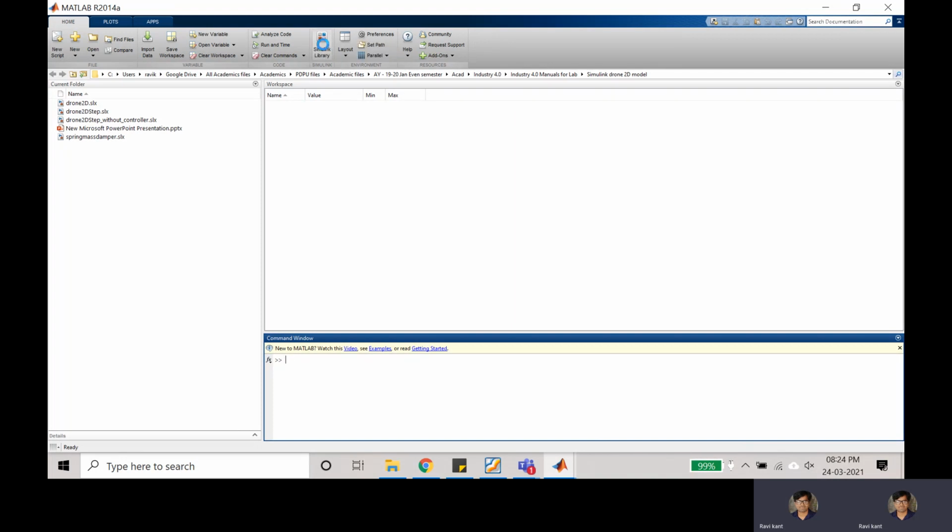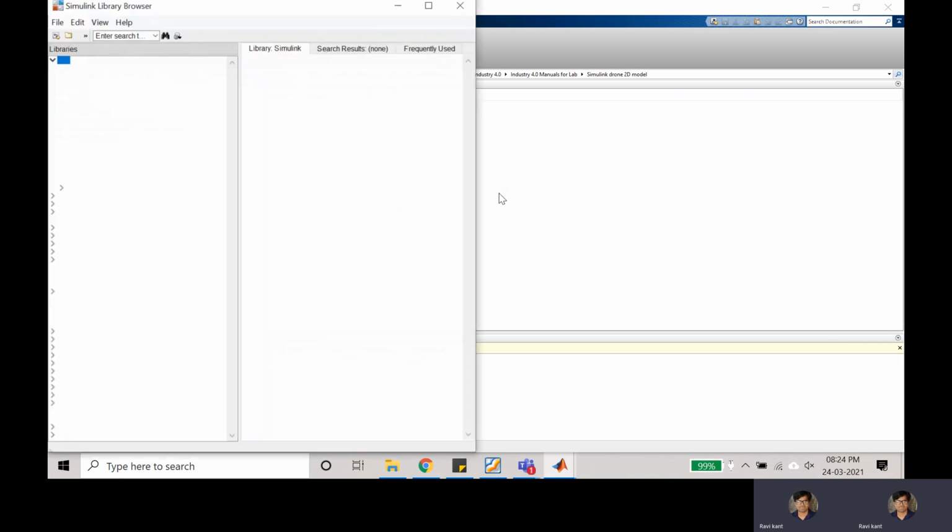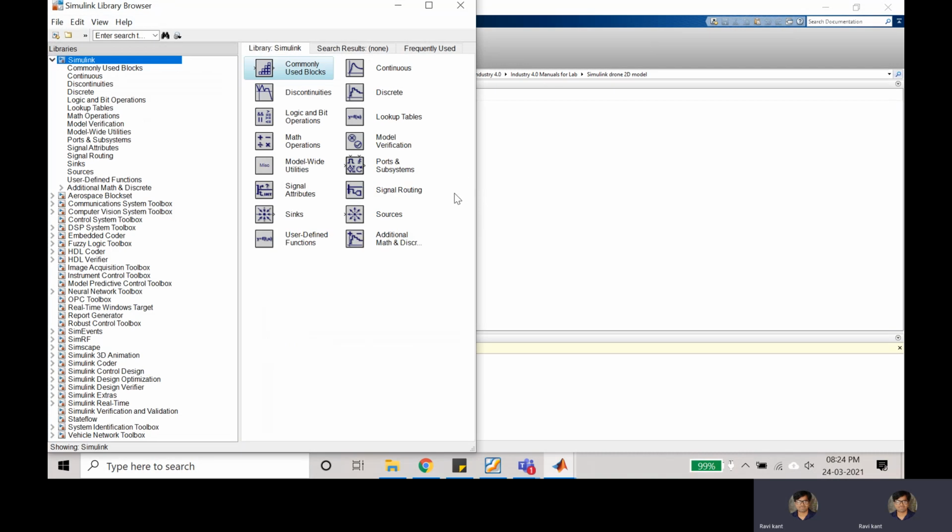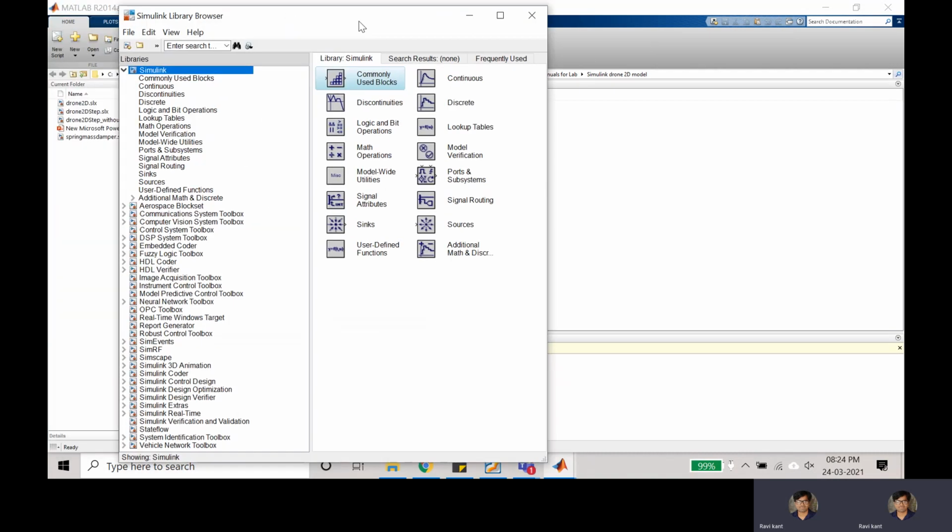You have to click on that. Okay, so in the Simulink toolbar, this is called Simulink Library. There are all sorts of libraries there.